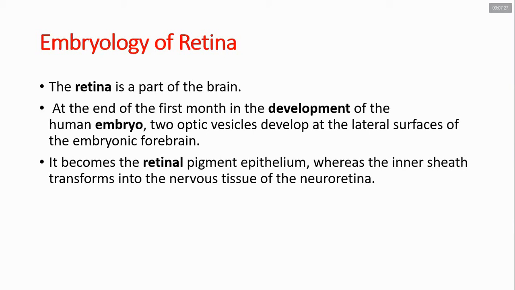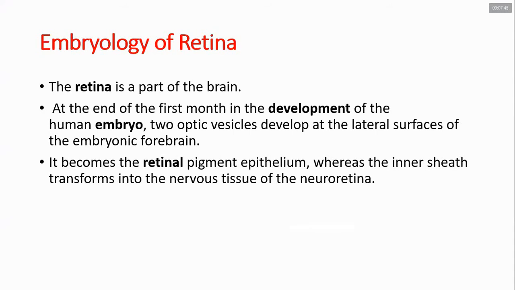The forebrain or prosencephalon has two pouches, the telencephalon and diencephalon.